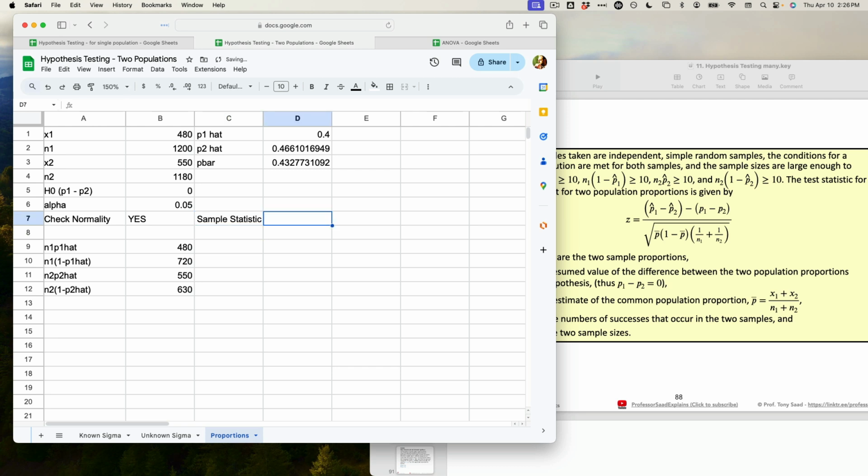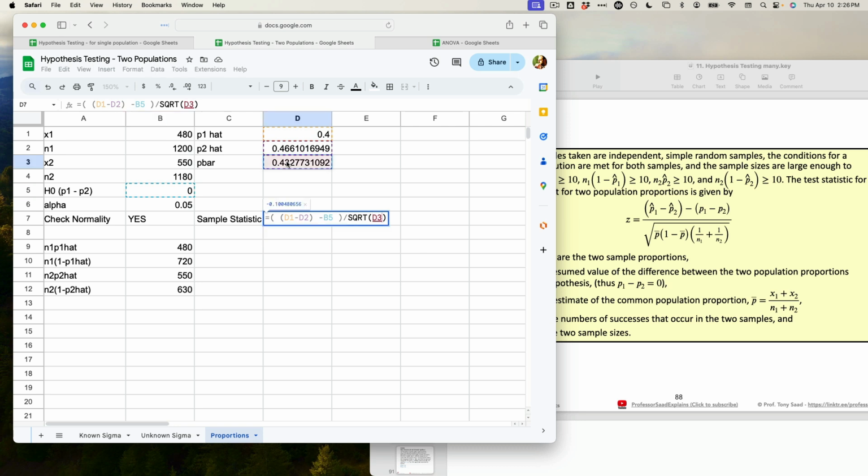Statistic. Okay, and that's equal to this z value, right? So I'm going to start with the numerator. I'm going to open up a parentheses for the numerator, and then this parentheses for p hat 1 minus p hat 2. Don't change the order because you'll mess up the signs. Minus H naught, my null hypothesis, over square root of, okay, and this is where p bar comes in.